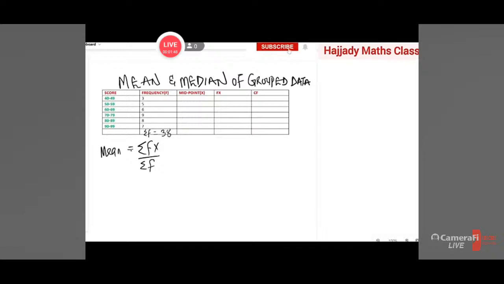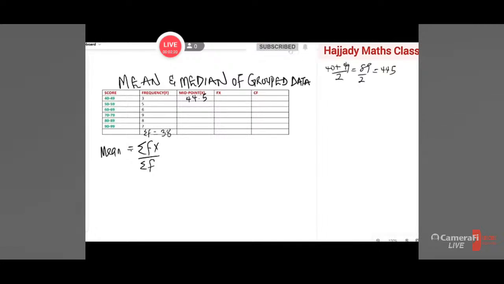Now calculating our midpoint, because the midpoint is going to stand for our score. Calculating the midpoint between 40 and 49, just on a rough sketch, we have 40 plus 49 over 2, which is 89 over 2, and that gives us 44.5.